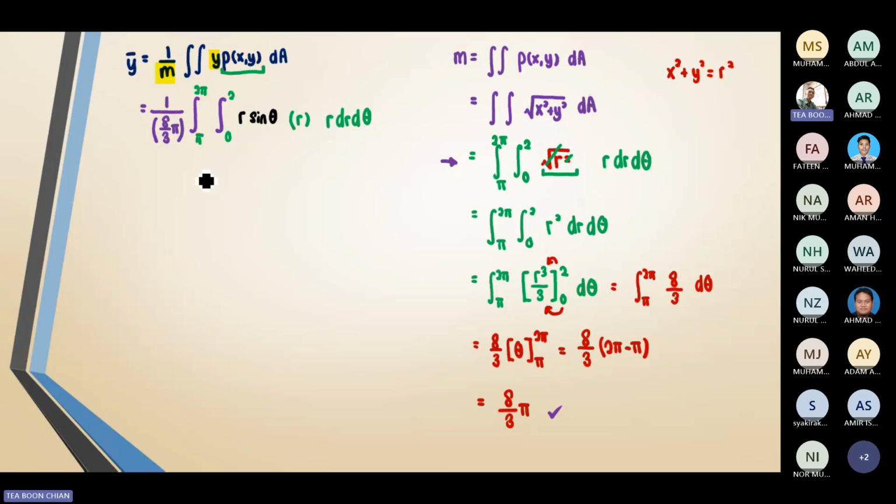So now everything can be simplified before you move further. 1 over 8 over 3 pi is actually 3 over 8 pi. Integrate from pi to 2 pi, integrate from 0 to 2. r multiplied by r multiplied by r is actually r power 3 sine theta here, and then dr d theta.